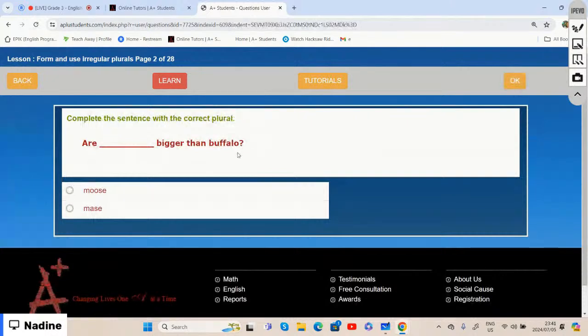We need to select the subject, complete the sentence with the correct plural. Do we say, are moose bigger than buffalo, or are mace bigger than buffalo?